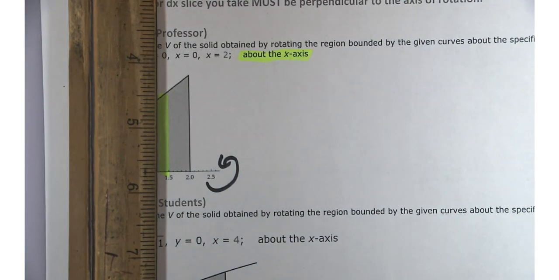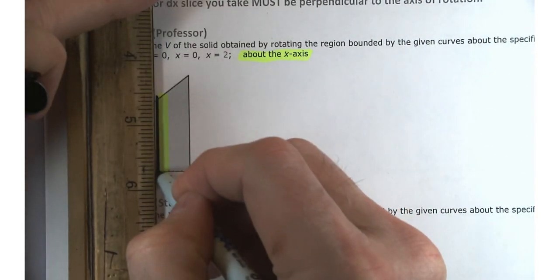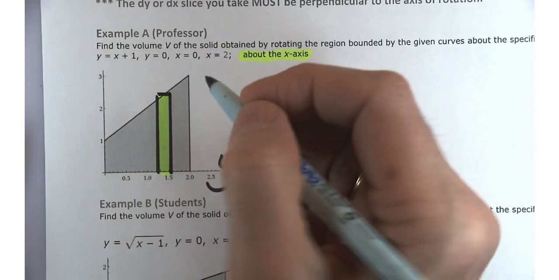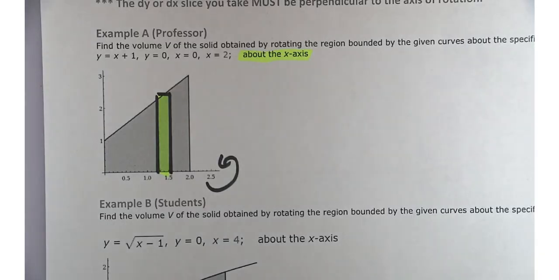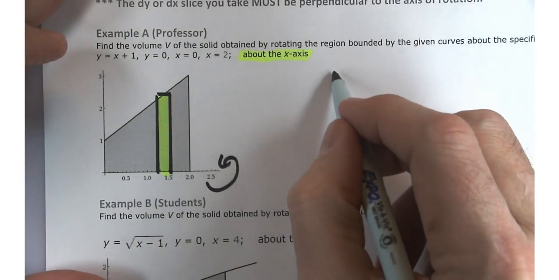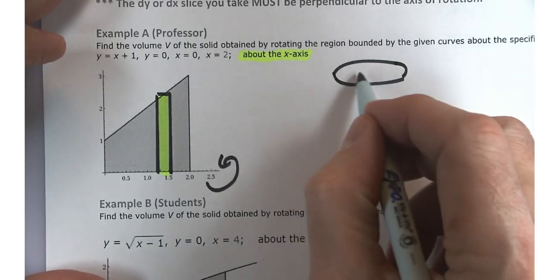Now what's going to happen to that one slice, as James mentioned, is that when it rotates around the x-axis, we're going to get a disk. So let me just try and draw a little disk here for ourselves.